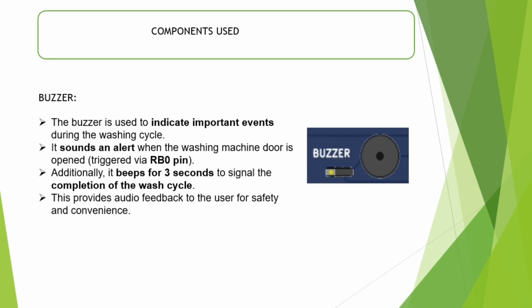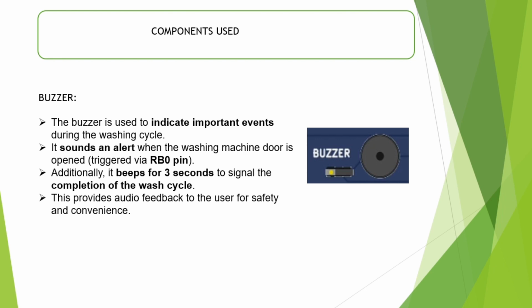Next is the buzzer, and the buzzer is used to indicate the important events during the washing cycle. And think of it as the sound system for a washing machine, giving us audio cues. So one key function is that it sounds an alert when the washing machine door is opened.